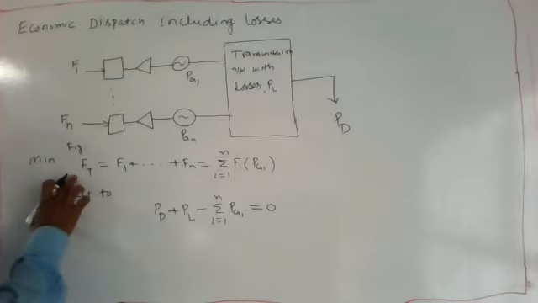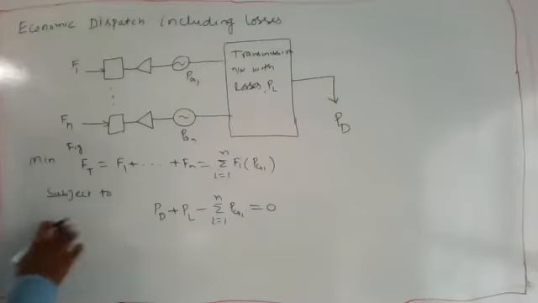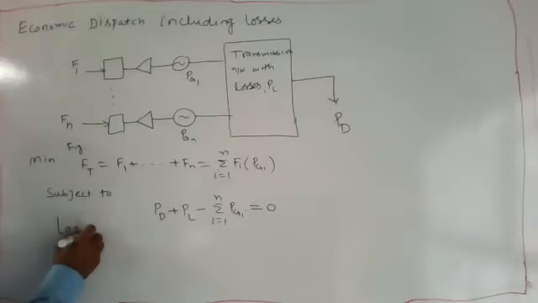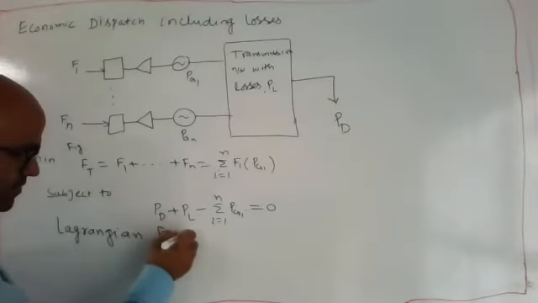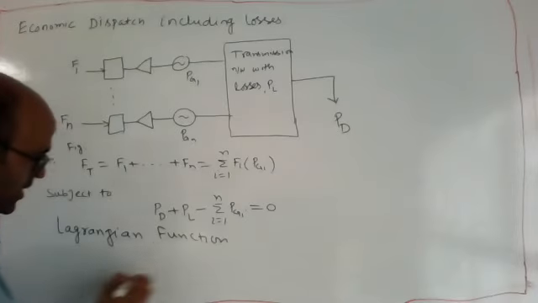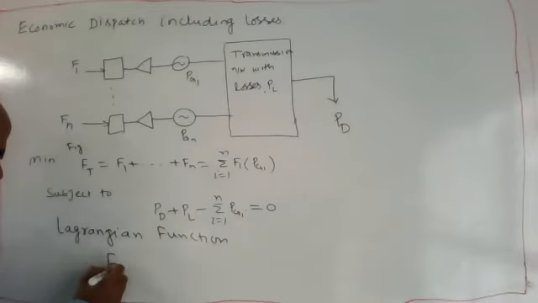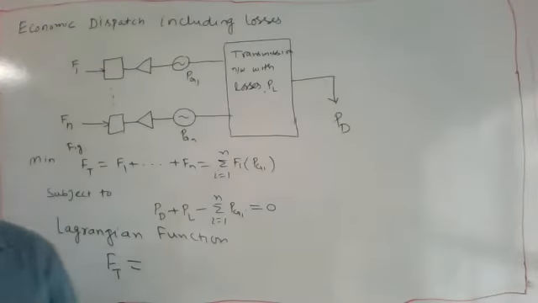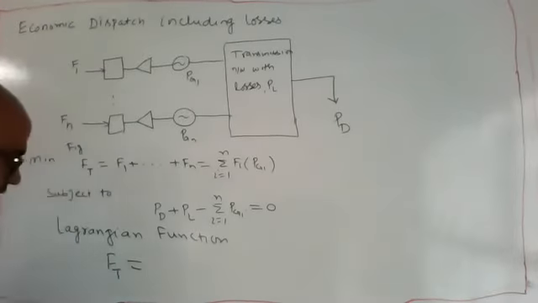Our objective is to use minimum cost subject to this condition. So we have to formulate the Lagrangian function. What is Ft? I used Ft for the total cost.